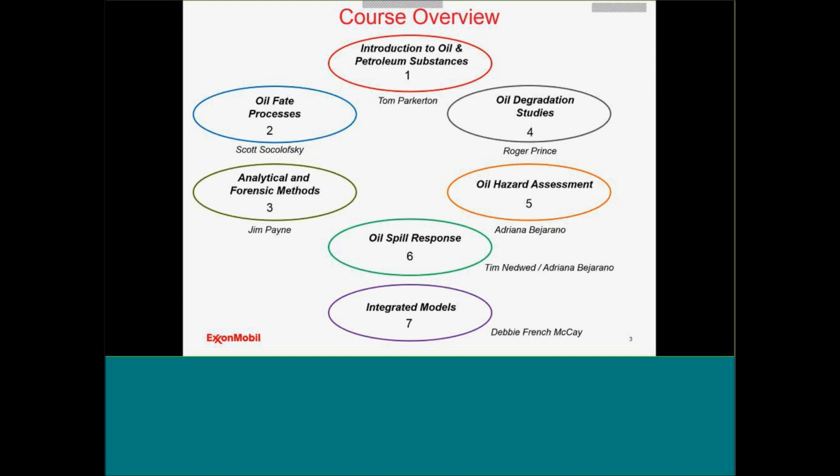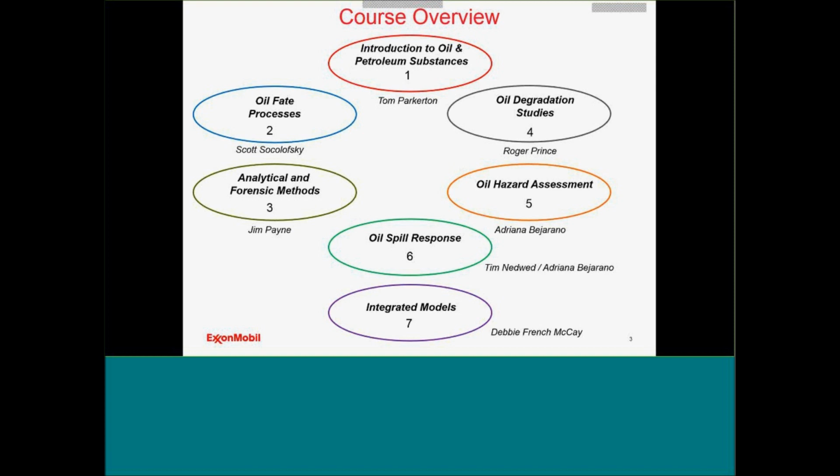The sixth module described fundamentals of oil spill response and available response options, including mechanical recovery, in situ burning, as well as surface and subsurface dispersants. And this module also provided an introduction to shoreline protection, monitoring, and cleanup methods.